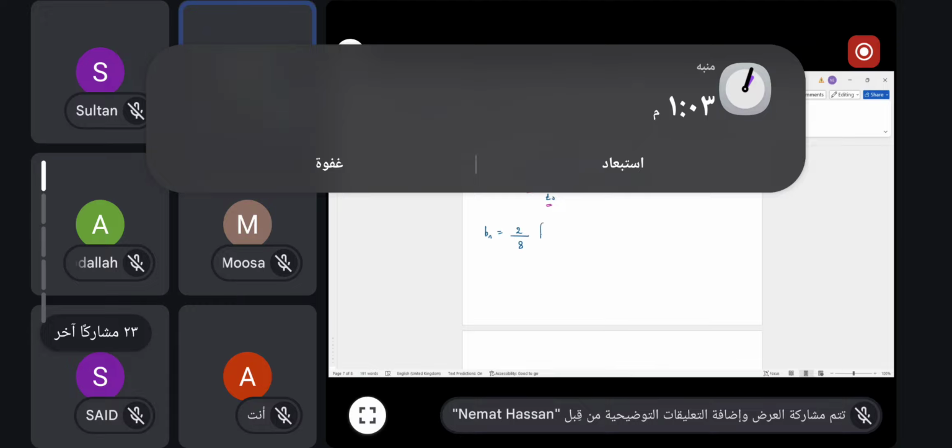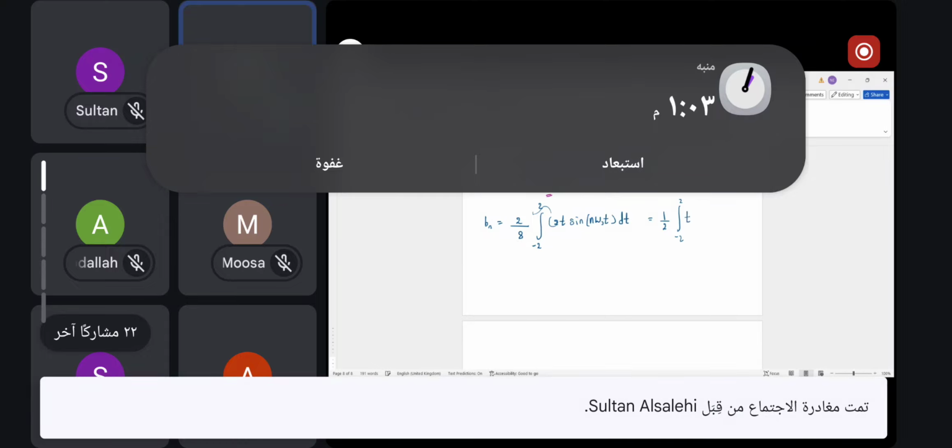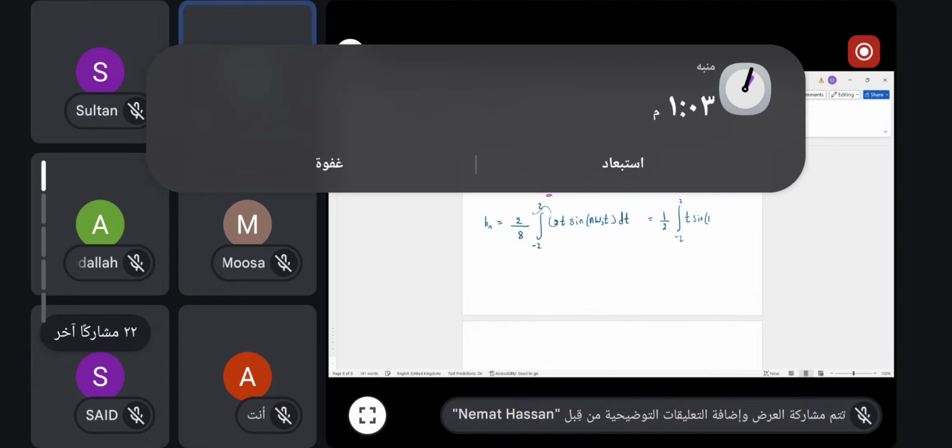And the integral becomes between minus 2 to 2, and x of t is equal to 2t sine n omega naught t dt, correct? These two we can bring out, right? So it becomes 4 over 8, which is 1 over 2, the integral from minus 2 to 2 of t sine n omega naught t dt.